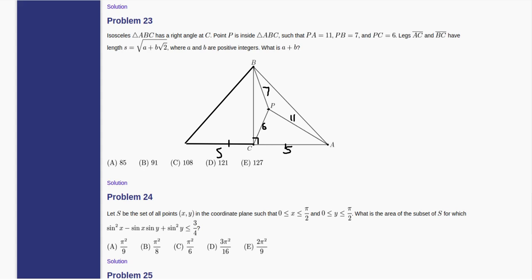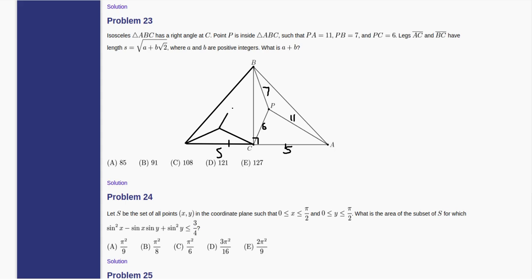So this point P gets rotated, and it's rotated such that it'll form a 90-degree angle here. Maybe like that. I know this isn't a to-scale diagram, so I shouldn't worry too much about making it accurate.